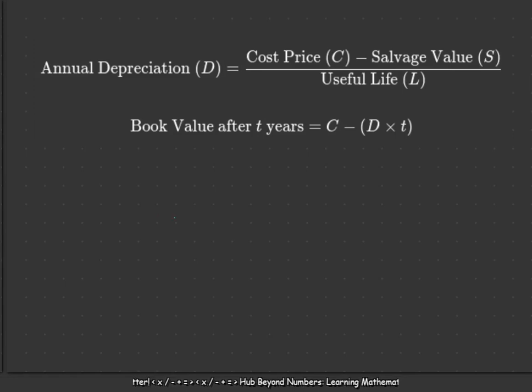We can rewrite it as D equals C minus S over L. And then the book value after T years: we said the book value is the value of the asset at any point in time. So the book value is C minus D times T. So the cost price, that is the original price, minus the depreciation over time, as in depreciation times time. That's what I mean, right?